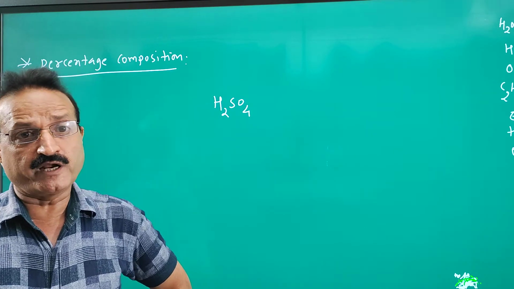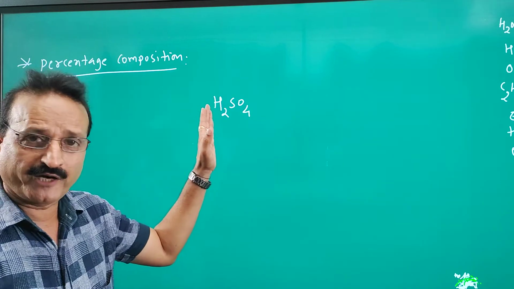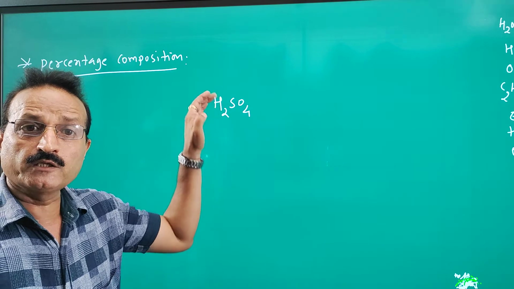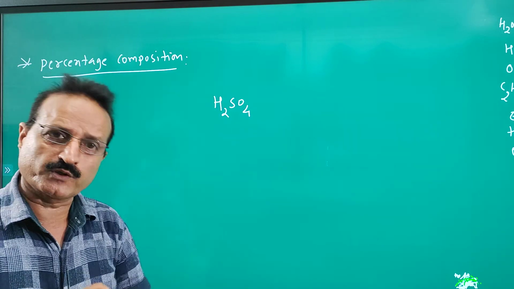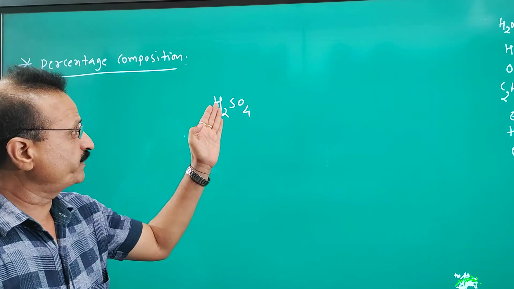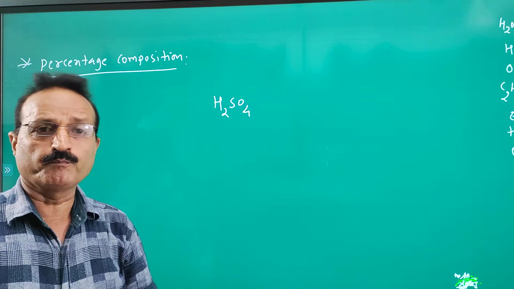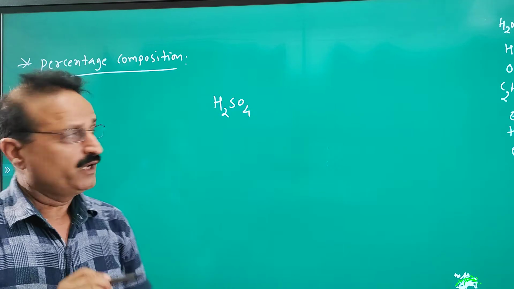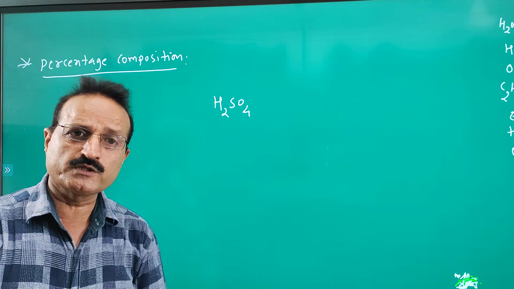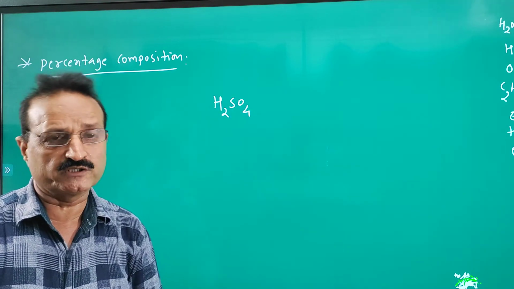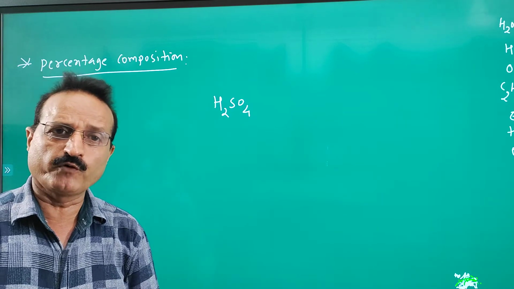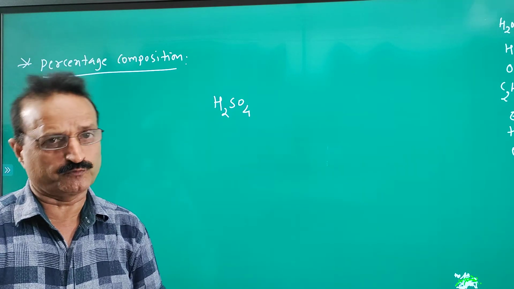But when you have to decide what is the percentage of hydrogen in the composition H2SO4, what is the percentage of sulfur in H2SO4, and what is the percentage of oxygen in the molecular formula H2SO4.